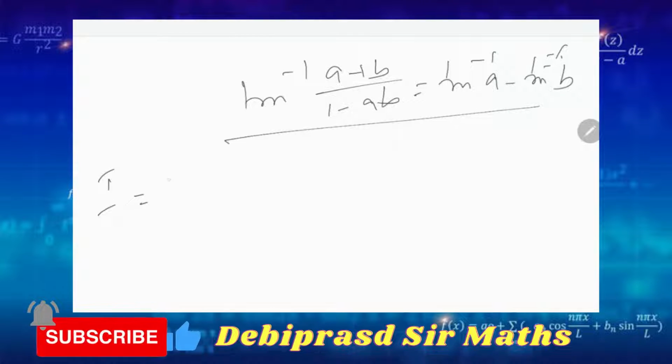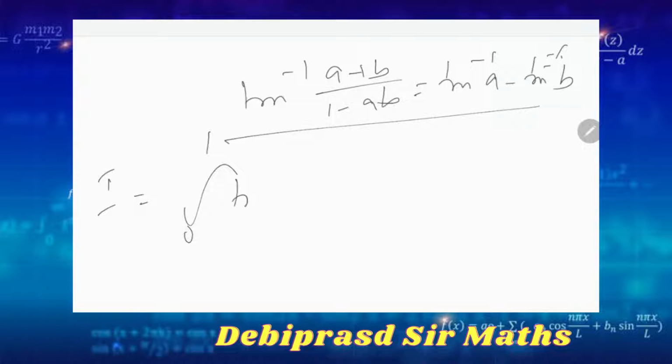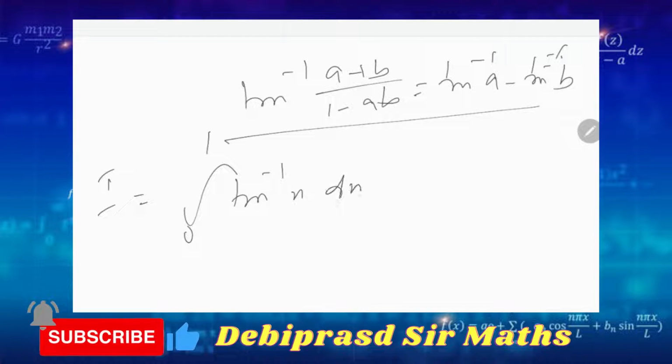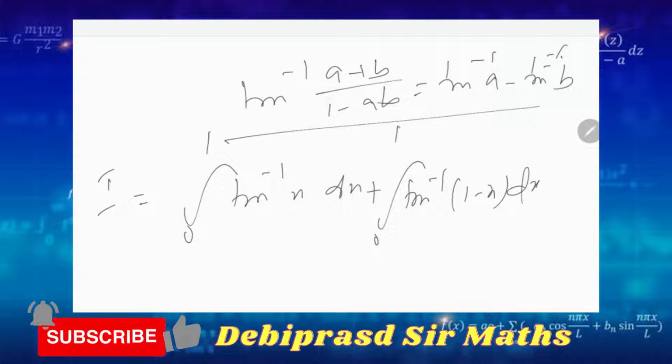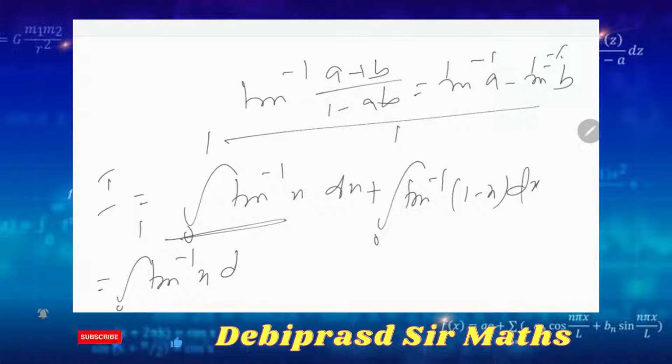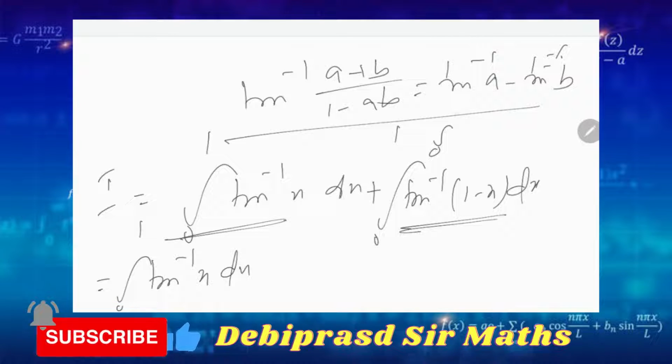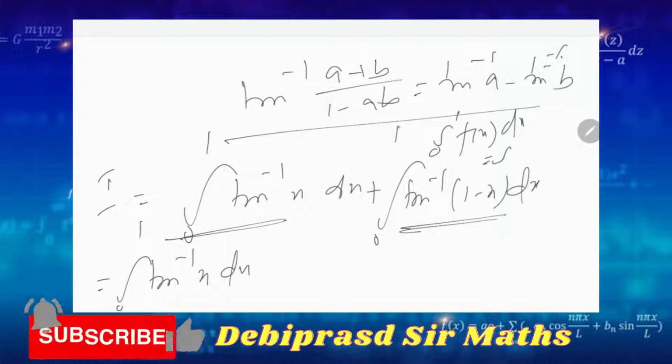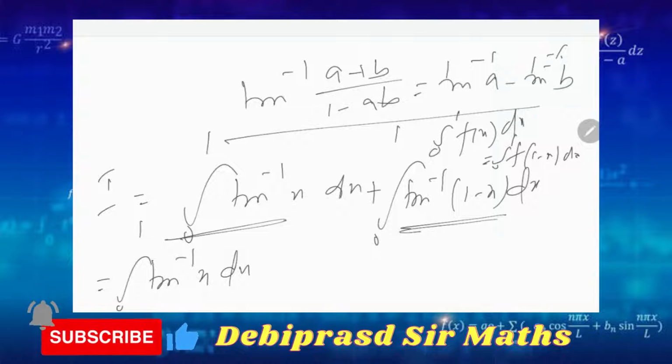So I will write 0 to 1 tan inverse x dx plus 0 to 1 tan inverse 1 minus x dx. Okay. For the first part, it will remain intact, tan inverse x dx. For the second part, I will use integral 0 to 1 of f(x) dx is equal to integral 0 to 1 of f(1 minus x) dx.